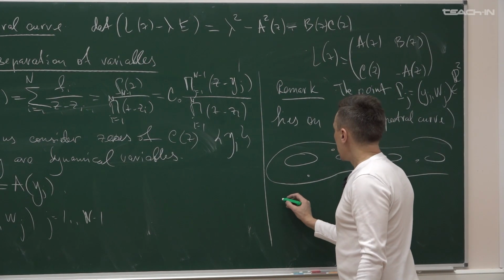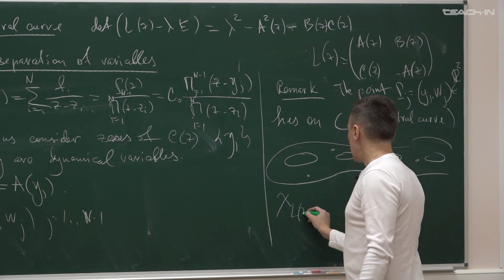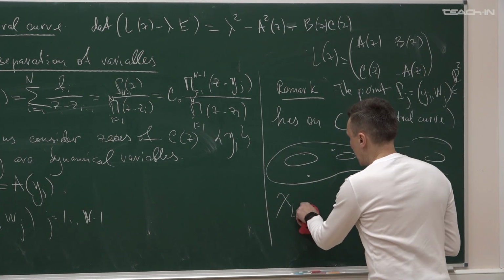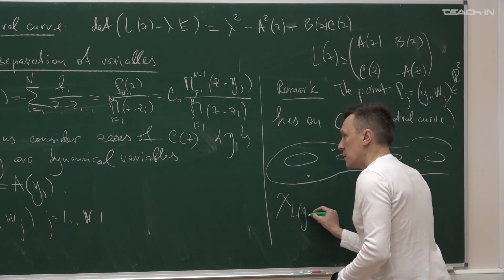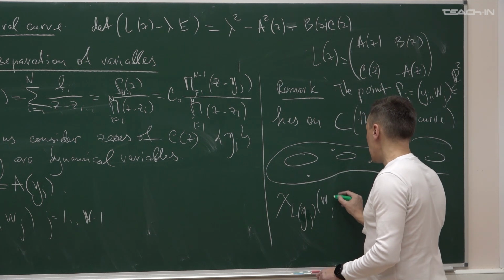It means that the characteristic polynomial at lambda equal to w_j and z equal to y_j is 0.